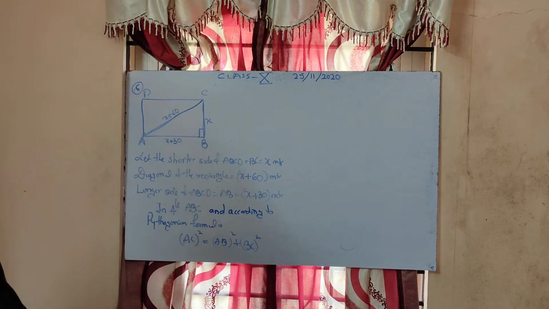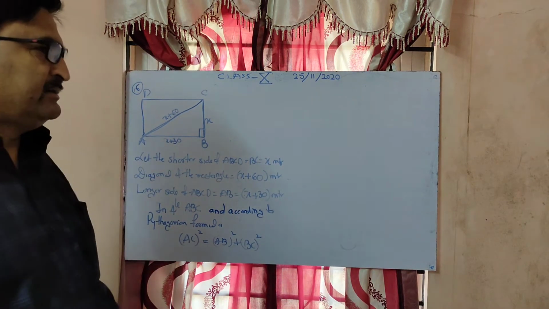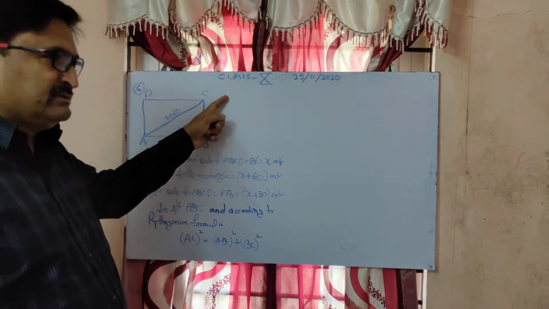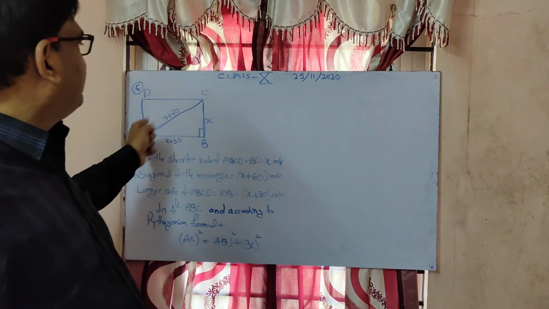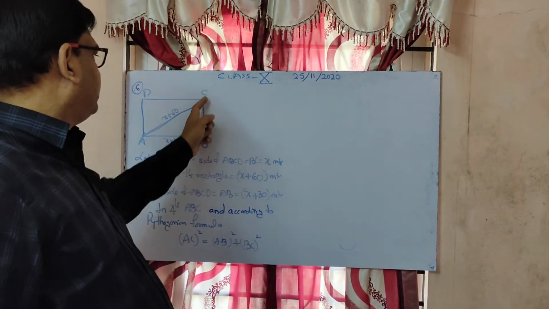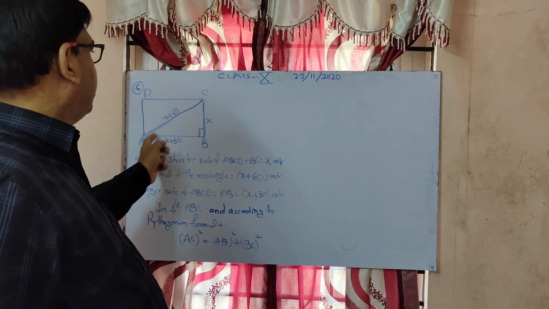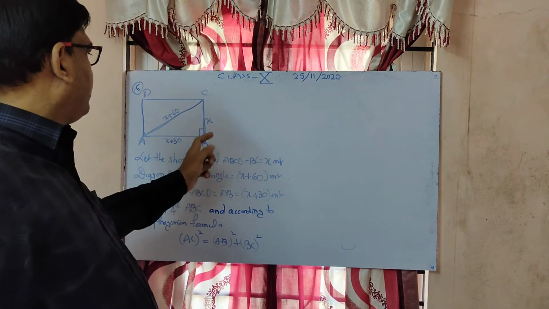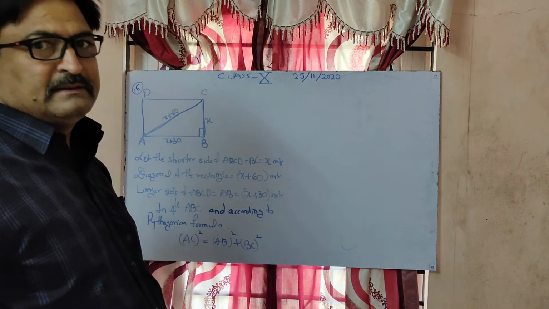So this is all about the Pythagorean formula. Square of the hypotenuse is equal to the sum of the squares of the other two sides. That is AC square is equal to AB square plus BC square.